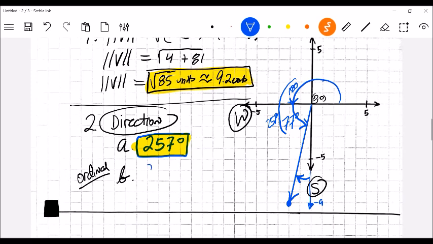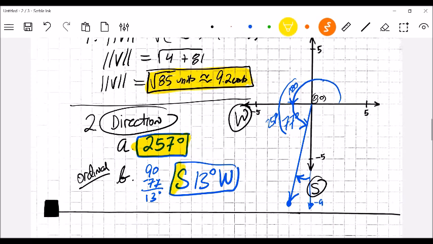Well, that angle would be 90 minus the 77, or 13 degrees. Okay. And that means I need to use my south, put the degree in between, and then the west. And that's the other one. Okay, so that's those two.